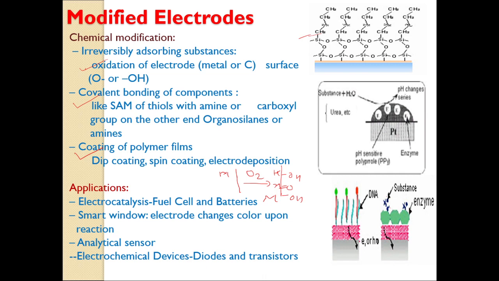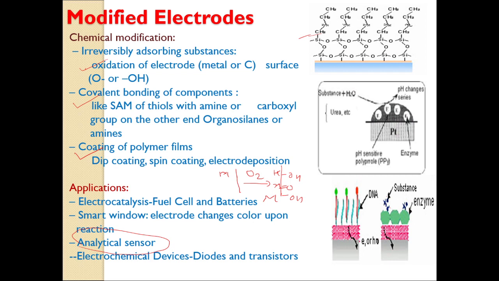The most important use, already discussed, is sensors. Development is going on on how they can sense different molecules, or how they can selectively adsorb different molecules on their surface. So these are related to modified electrodes and how we can use them in voltammetry.